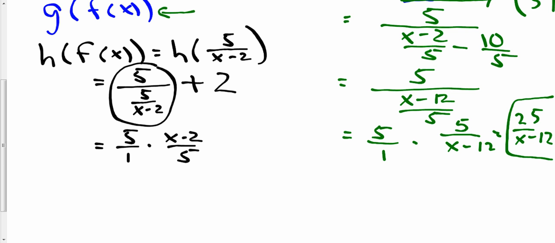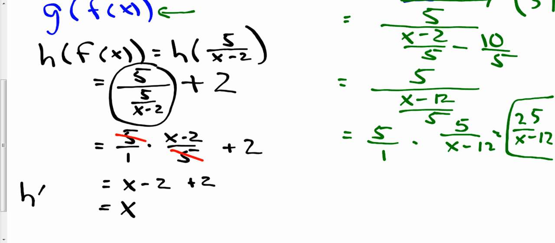Now, before I multiply this, simplify, cross cancel, right? Get rid of those things. Oh, I can't forget this though. I can't forget that. X minus 2 plus 2. All right, that is h composed with f of x.